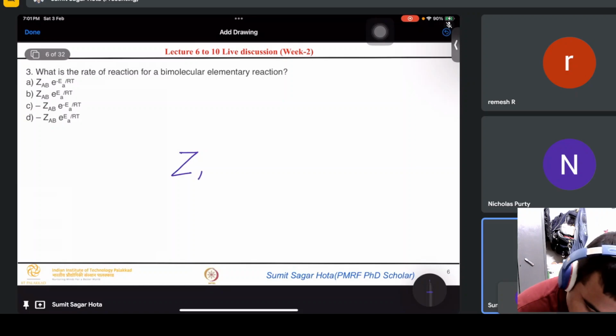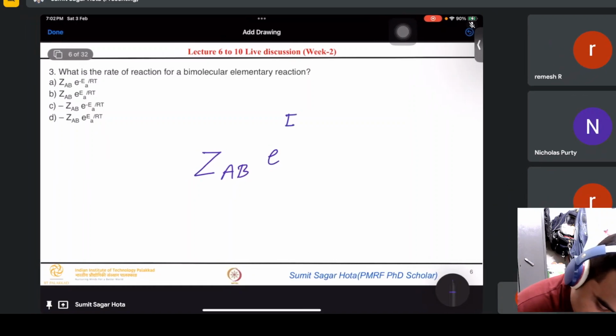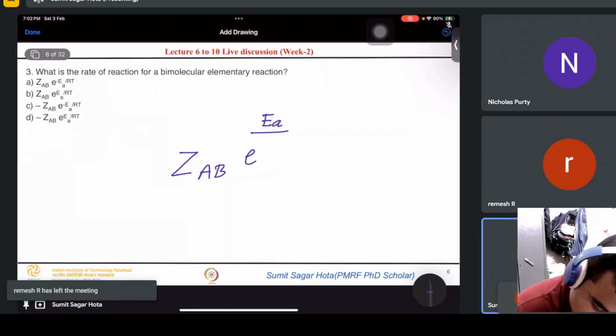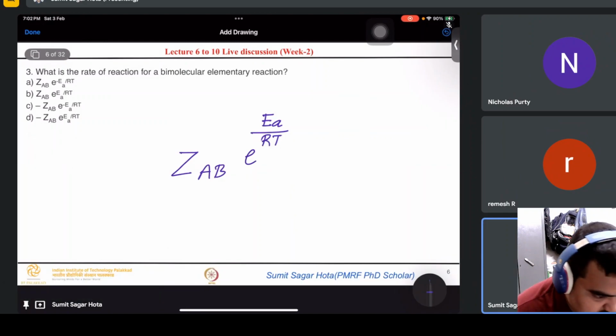Now A and B are the different reactants.